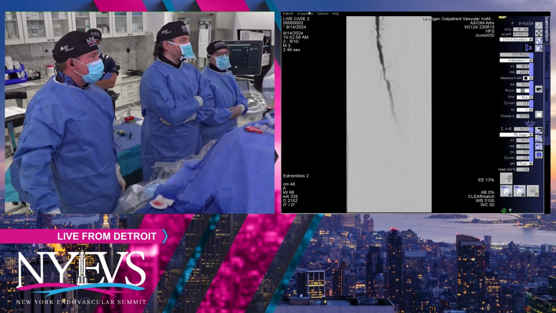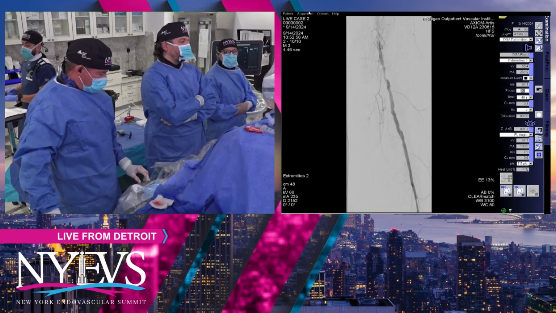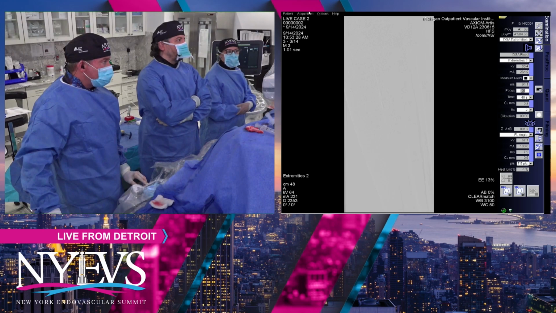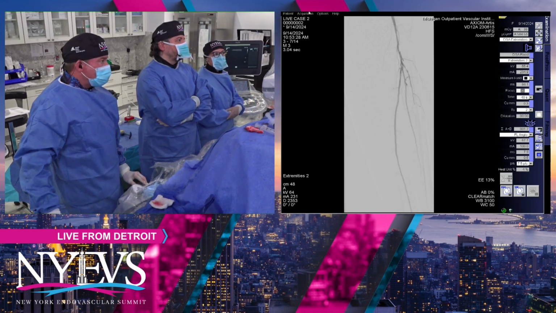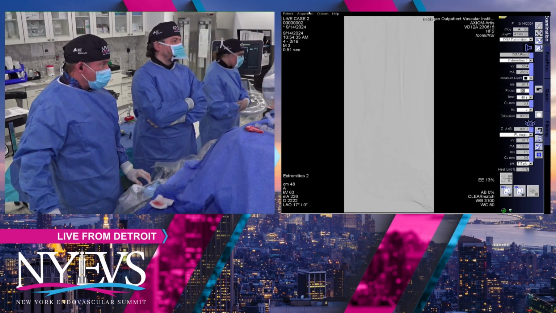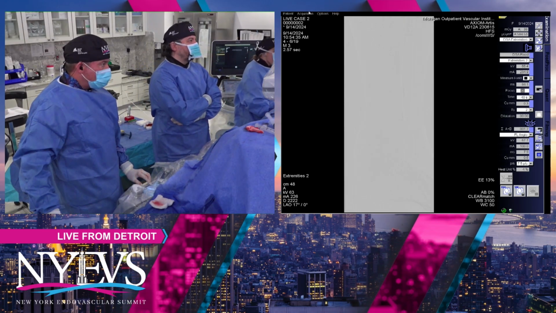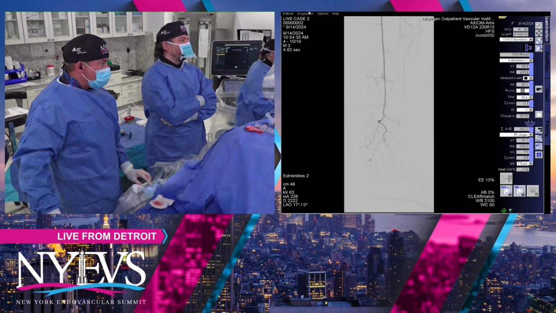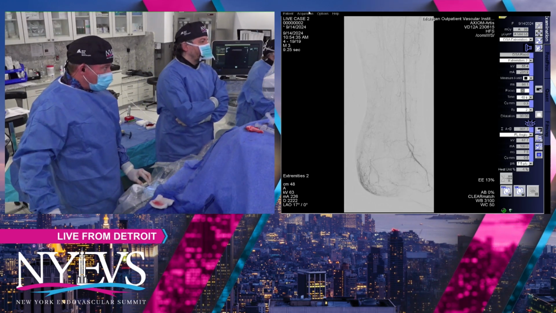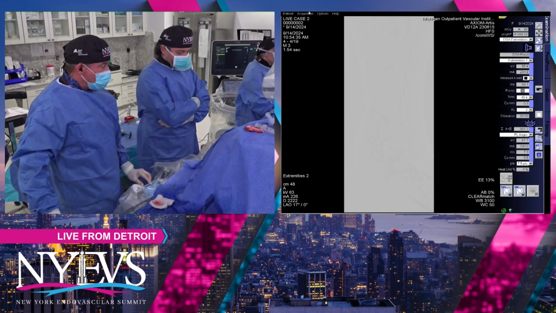And these are the diagnostic images showing disease involving the SFA and the popliteal segment. And this is our tibial image. And finally, our foot image. So with that, I'm going to stop and see what our panelists would like us to do.